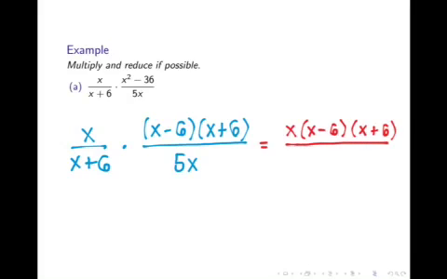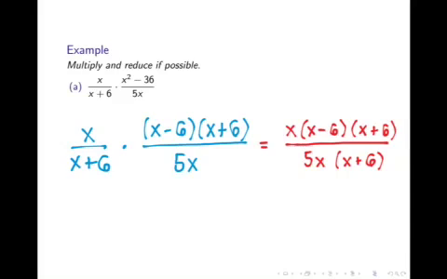And in the denominator, I'm going to go ahead and write that 5x in the front, and then I'll put parentheses around my x plus 6. So now I have a single rational expression that I've multiplied these two fractions together.